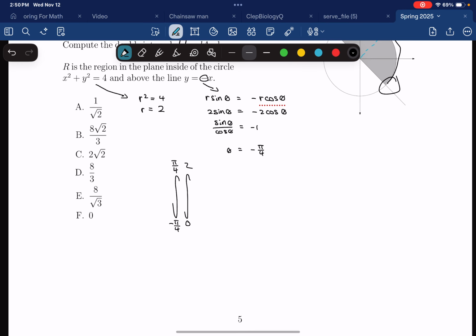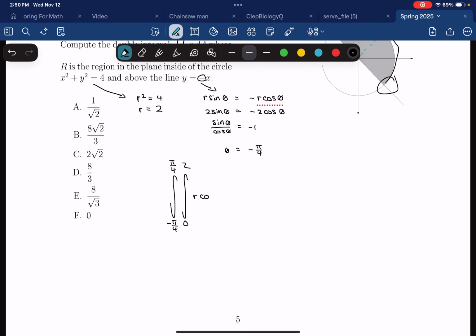X in this case is r cosine of theta times r dr d theta. So r squared cosine of theta bound between 0 and 2 dr will simply become r cubed over 3 from 0 to 2, which gets you 8 over 3 cosine theta.